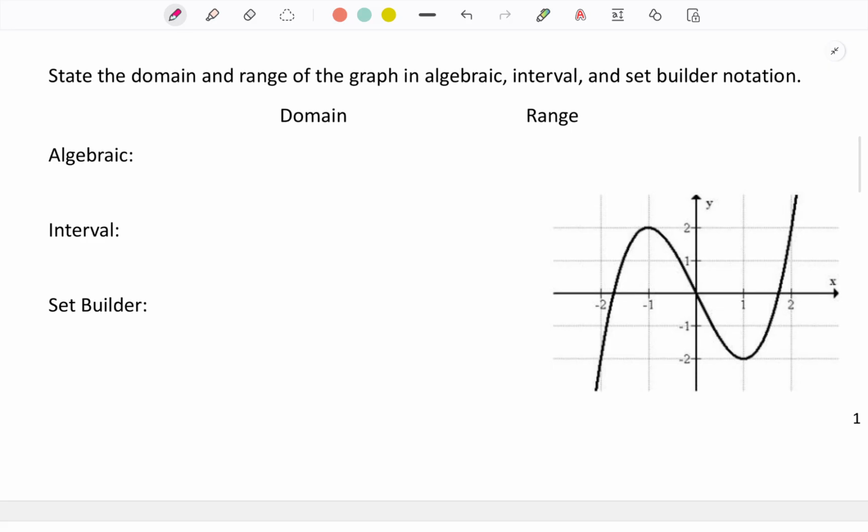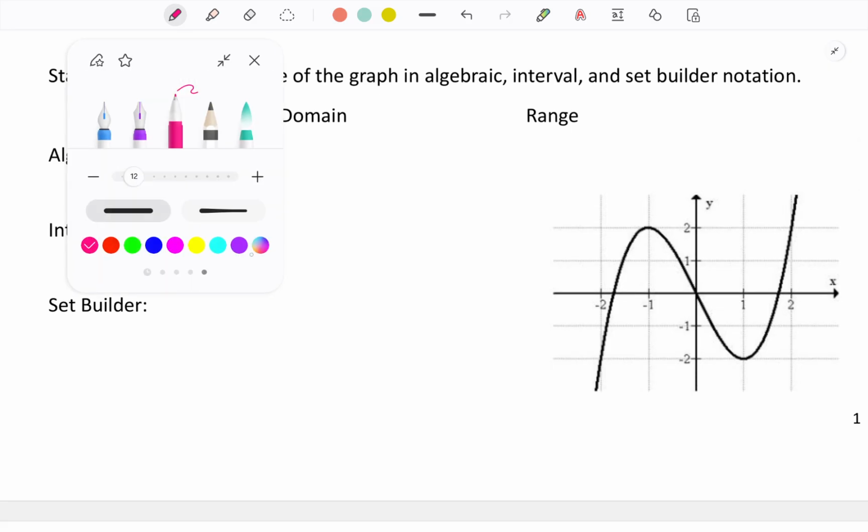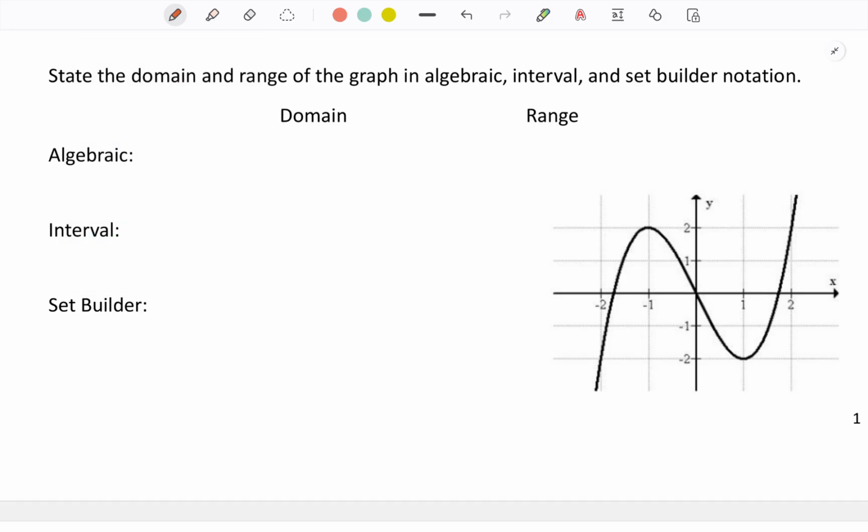So for our next graph, we're still going to write our domain and range in all three sets. So we'll start with algebraic, and since I don't have any arrows, I'm going to assume that this continues to go out forever. So for my domain in algebraic notation, that is just going to be all real numbers.